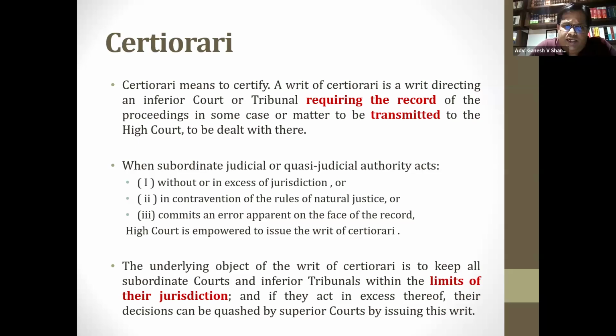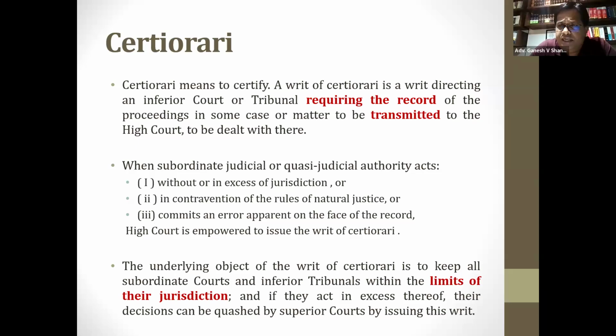When subordinate or quasi-judicial authorities like the GST department act without or in excess of jurisdiction, in contravention of the rules of natural justice, or commit an error apparent on the face of the record, the High Court is empowered to issue these writs.